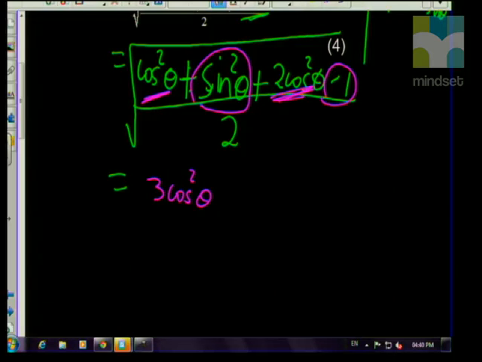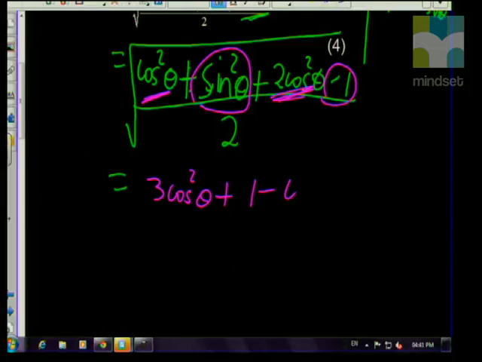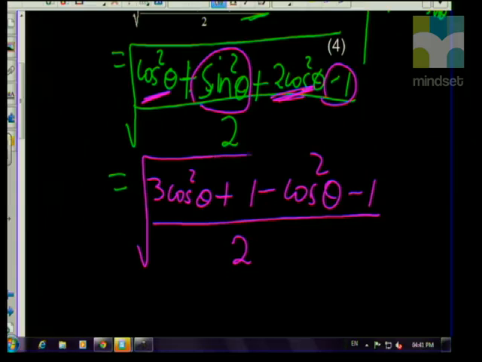Now, guys, here, very important. Remember, if you have sine squared theta plus cos squared theta, this gives us 1. It's an identity. So I can write sine squared theta is 1 minus cos squared theta. Okay? Minus 1, all divided by 2, all under the radical sign.